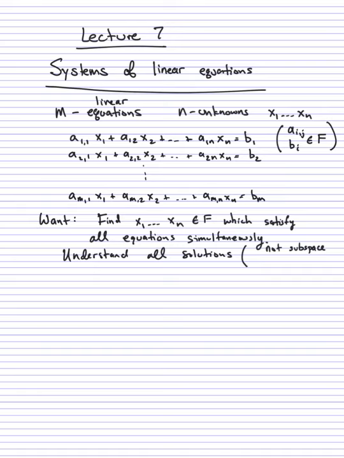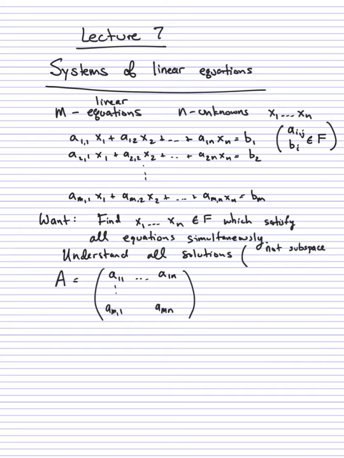Now, the way that I've written the equations is obviously meant to inspire introducing a matrix here. We're going to let A be the matrix of coefficients, a11 up through a1n, down to am1 up through amn.